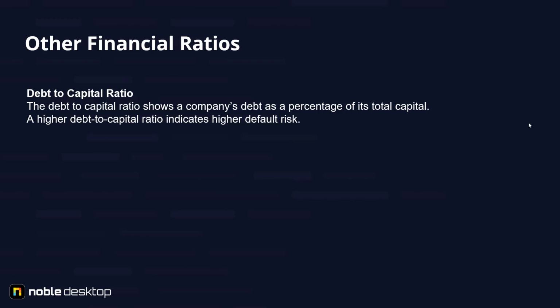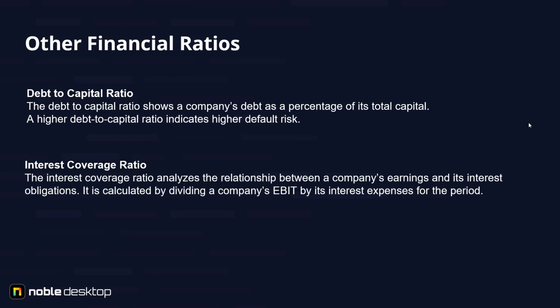A higher debt to capital ratio indicates higher default risk. The interest coverage ratio analyzes the relationship between a company's earnings and its interest obligations. It is calculated by dividing a company's EBIT by its interest expenses for the period.